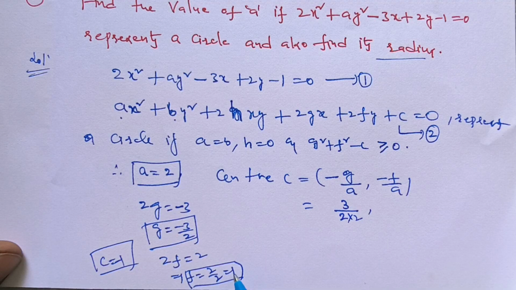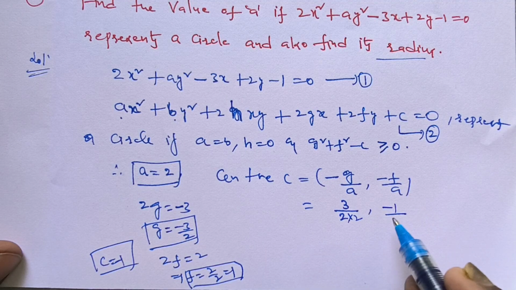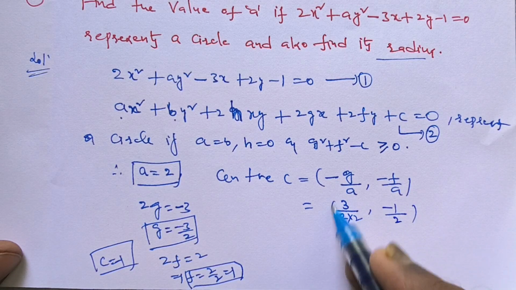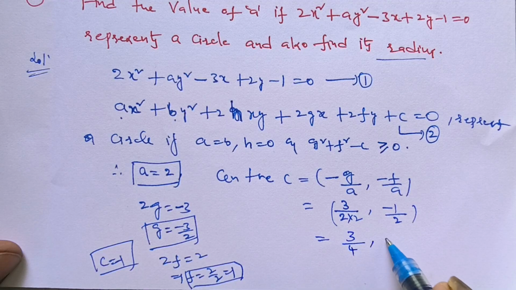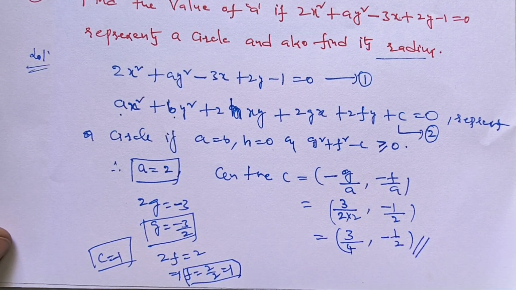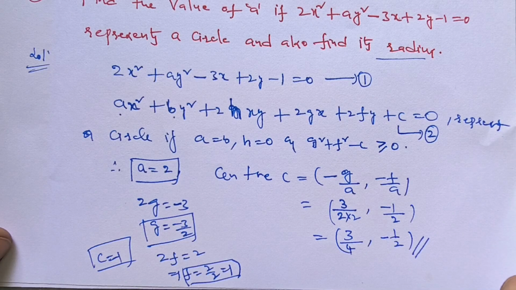Here f value is 1, so minus 1 by a value is 2. The center is equal to 3 by 4 comma minus 1 by 2. So this is the center.